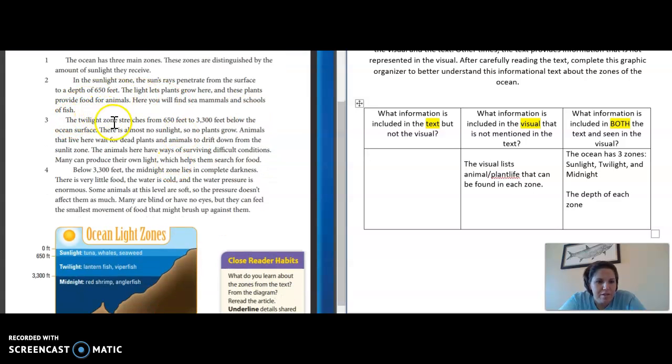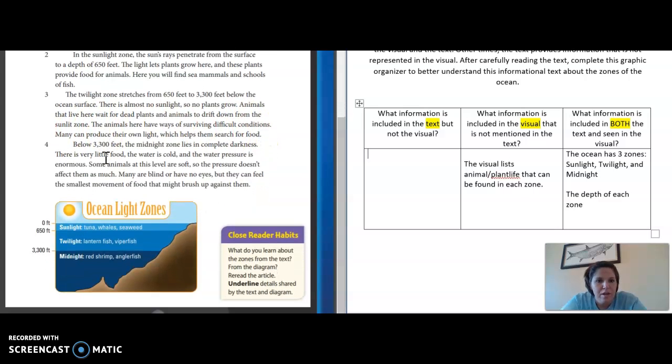Then I found out that in the twilight zone, there is almost no sunlight, so no plants are growing. There are animals listed here, but more specifically, just in the text, I learned that these animals have to wait for dead plants and animals to drift down from the sunlit zone. When I think about the midnight zone, I learned that it's in complete darkness, there's very little food, the water is cold, and the water pressure is enormous.